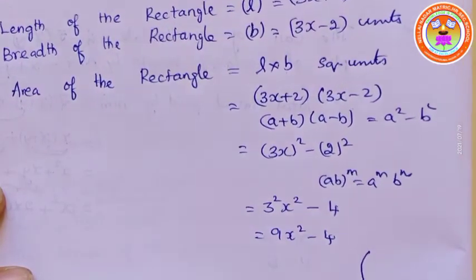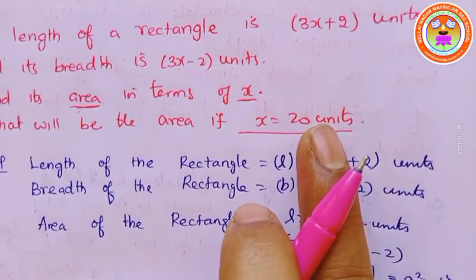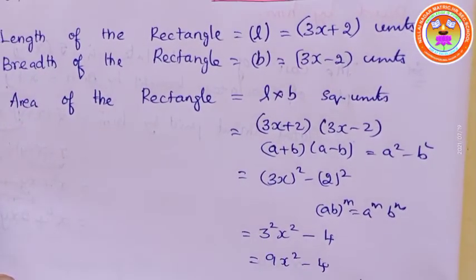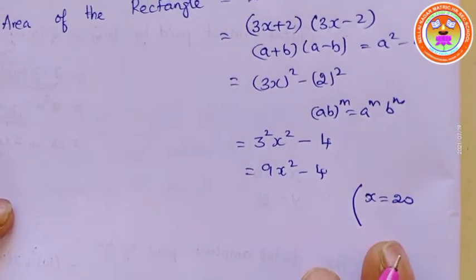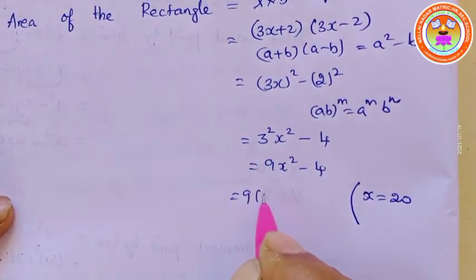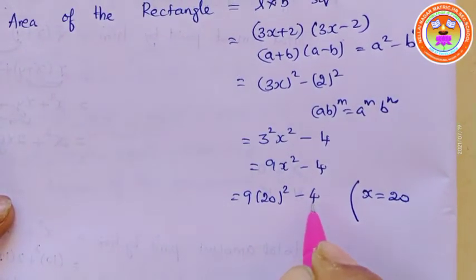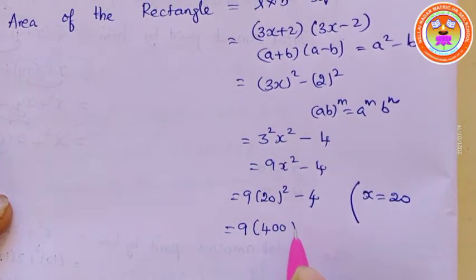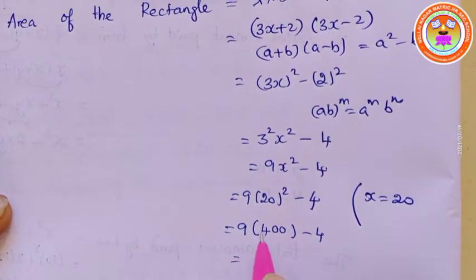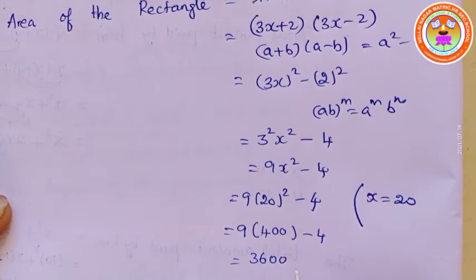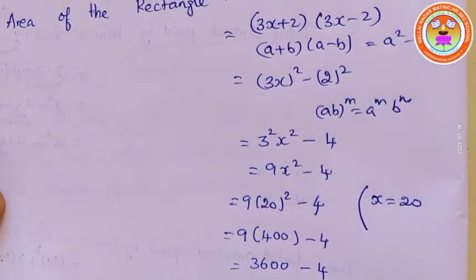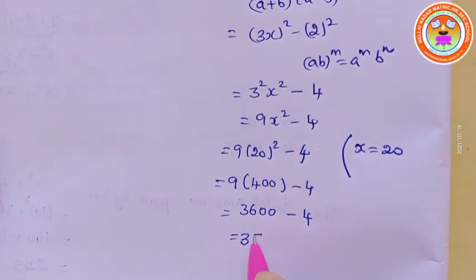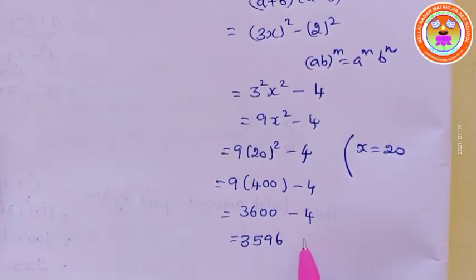It's clear, children? Then what value is given? x is equal to 20 is given. So substitute x equal to 20. So 9 into 20 squared minus 4. So 9 into 20 into 20 is 400, times 9 is 3600. 3600 minus 4 is 3596 square units.